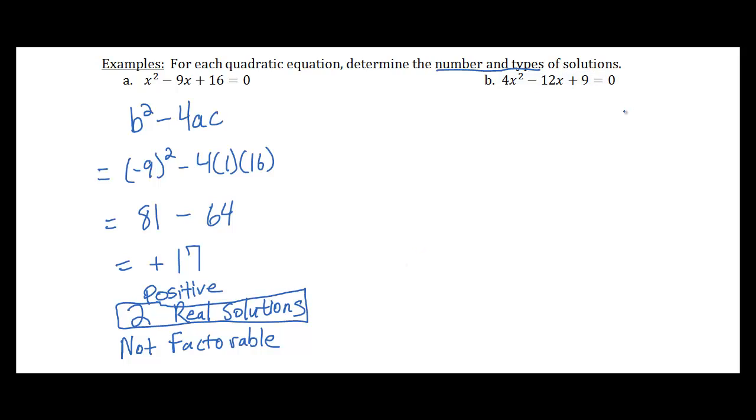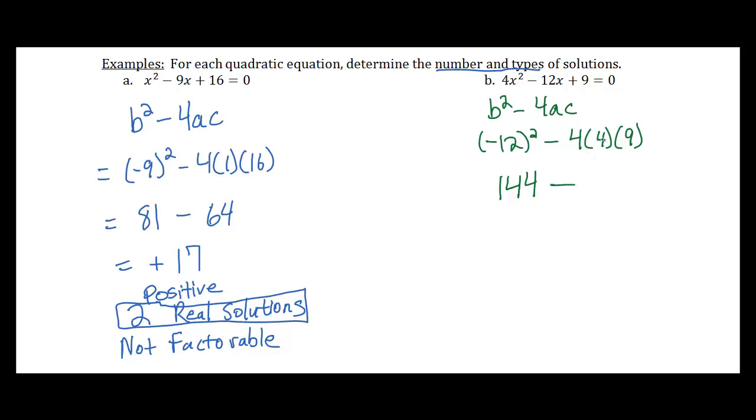I got 4x squared minus 12x plus 9 equals 0. All right, again, we're going to do b squared minus 4ac. Okay, b is negative 12, minus 4 times a, which is 4, times c, which is 9. All right, and negative 12 squared is 144.